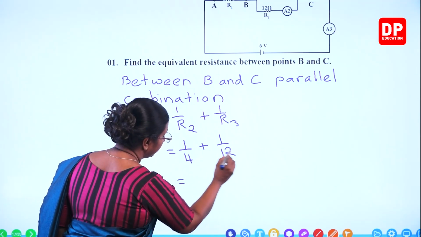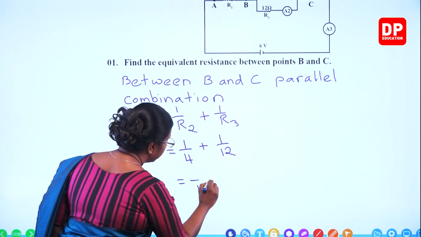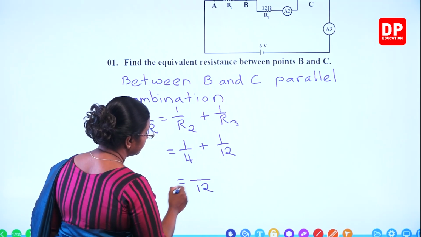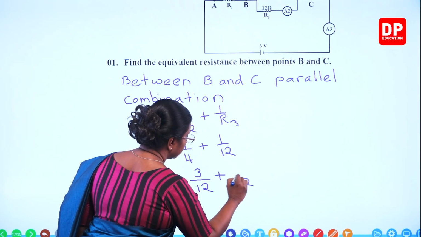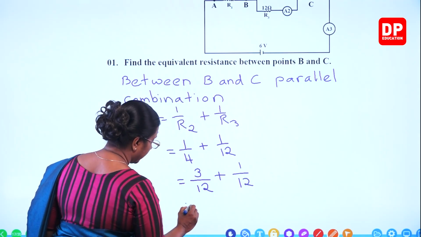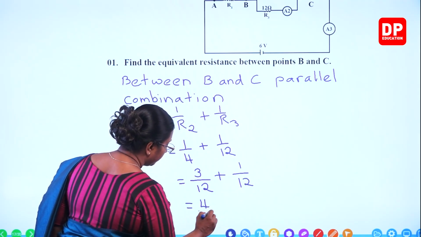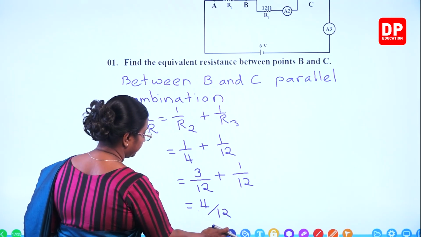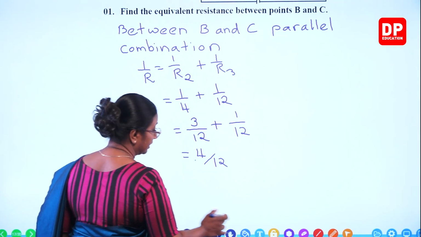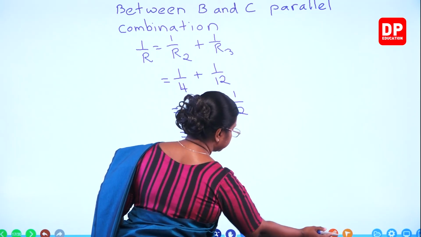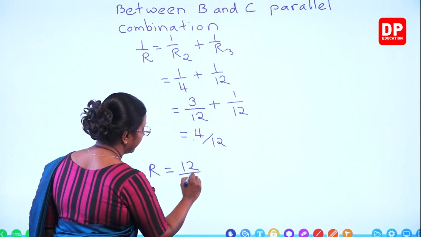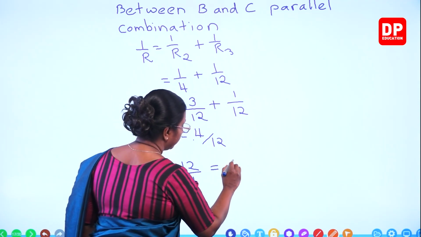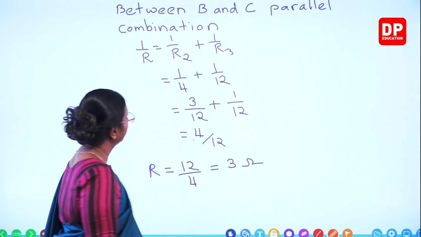For 4 and 12, it's 12. So 4 into 3 is 12, so 3 plus 1 over 12, that is going to be 4 over 12. Then the equivalent resistance is 12 over 4, equals 3 ohms.